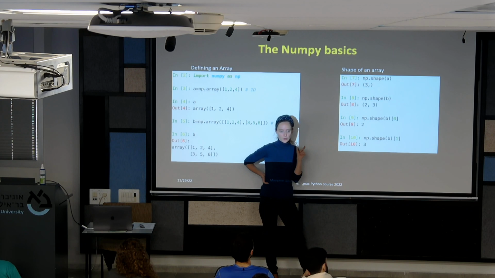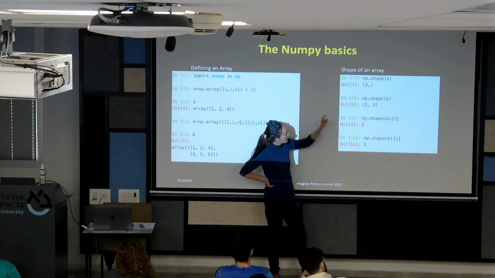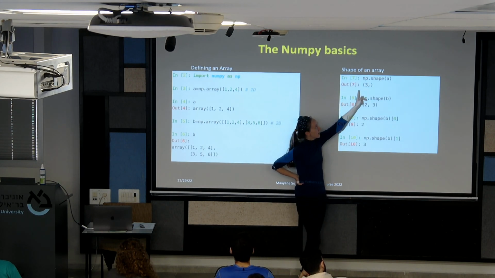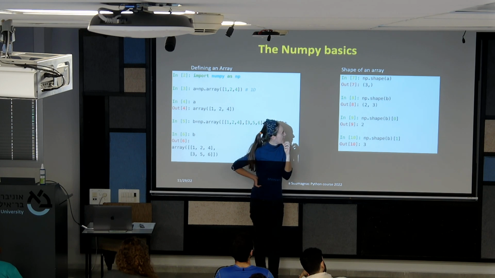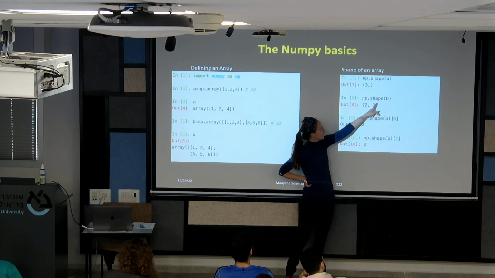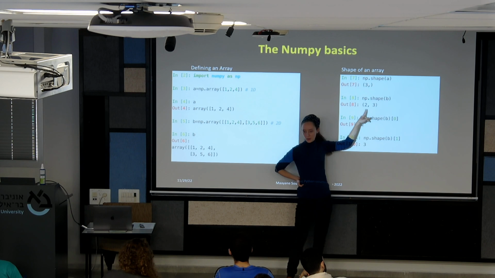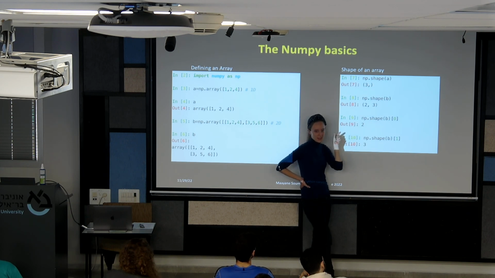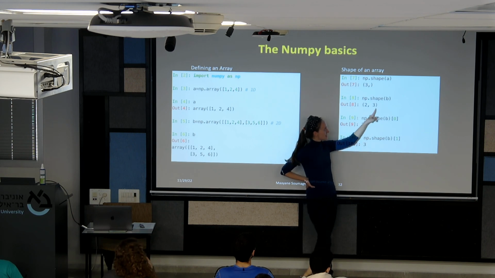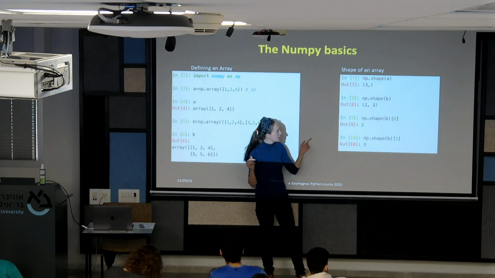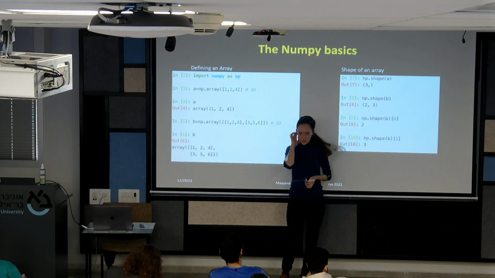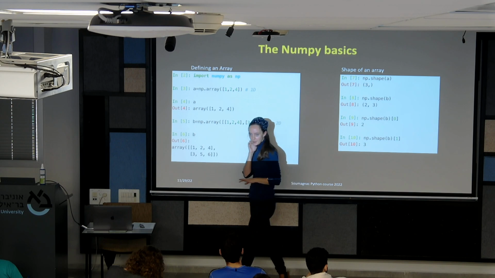So the shape is a tuple. Okay, so if I have a 1D array and I do Numpy shape, it would give me the length of this 1D array. And if I take the shape of a 2D Numpy array, it would give me a 2D tuple, and I can access the length of the array along each dimension by indexing the tuple. Okay, it's clear?